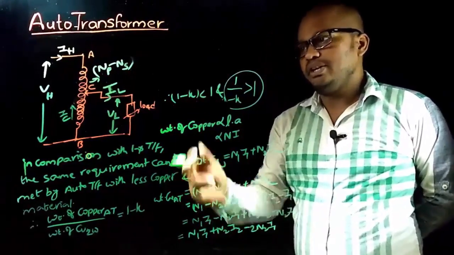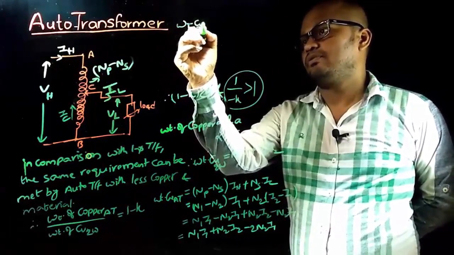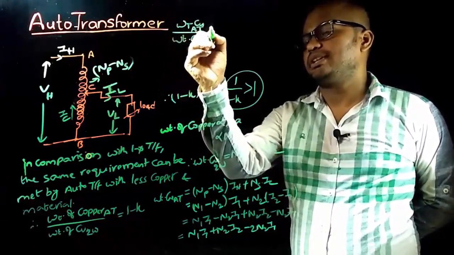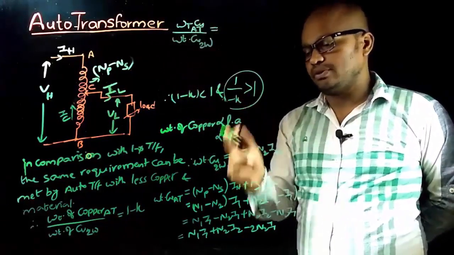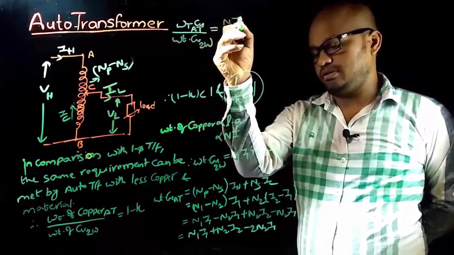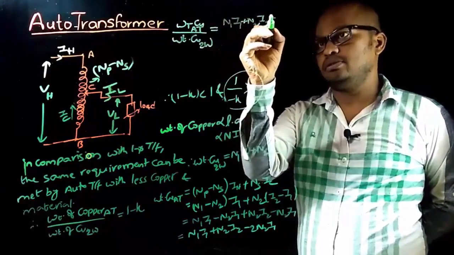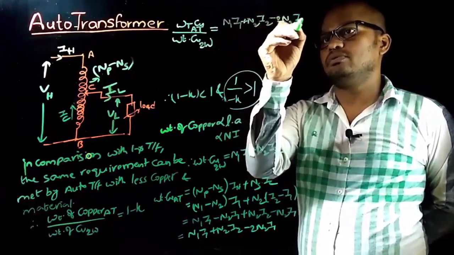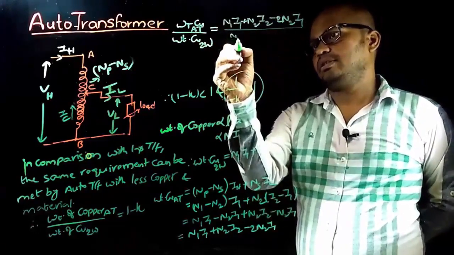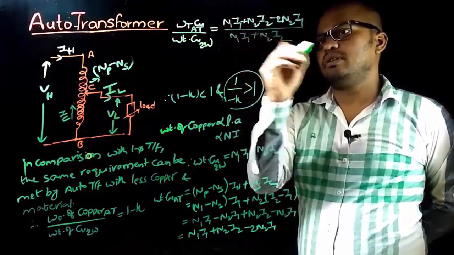Therefore, divide the weight of copper of autotransformer by the weight of copper of two winding transformer. That is equal to N1 I1 plus N2 I2 minus 2 N2 I1, divided by N1 I1 plus N2 I2.